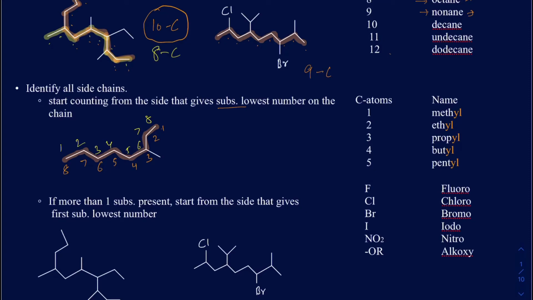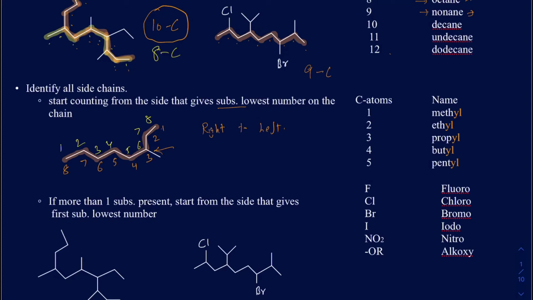So in this particular case, if I count it from the right side, then my substituent's getting a number 3 here. And if I count it from the left side, then your substituent's getting number 6. So you actually want to count it from the right side. So this is the correct way of counting it. So you want to go from right to left in this particular case.